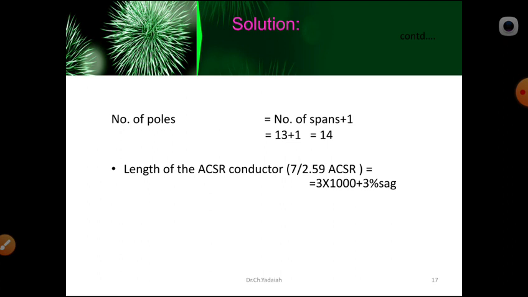Later we can see the sag also. So we allow 3% sag. Then we get nearly 3090 meters of conductor required. Actually we require 3 kilometers of conductor, but 90 meters is extra, which allows for the sag.